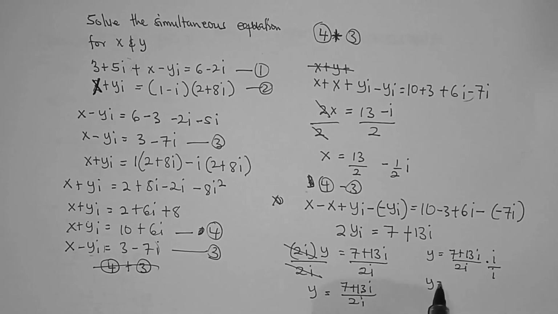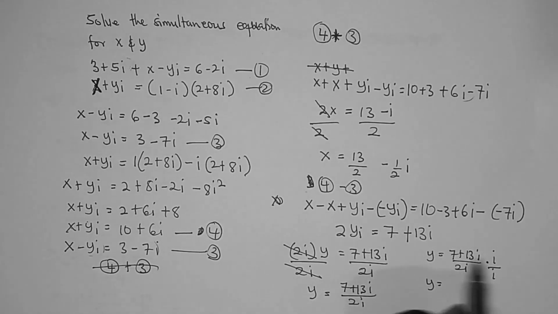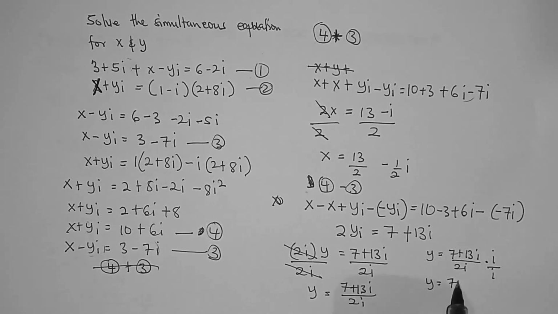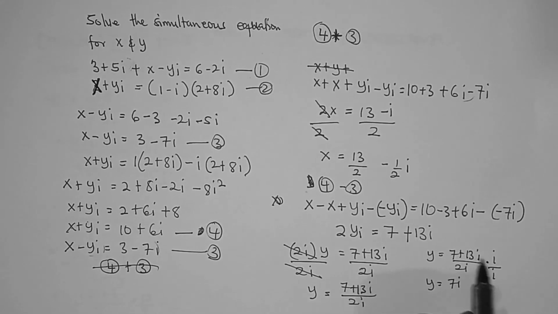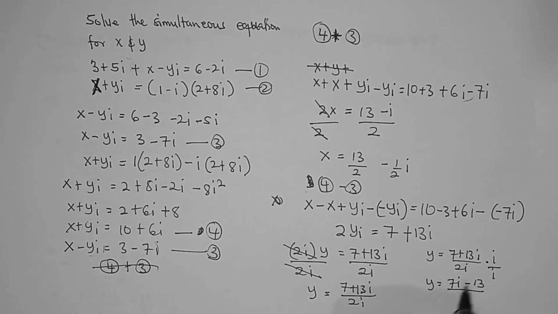So y is equal to 7 times i is 7i. Then 13i times i becomes 13i squared, which becomes minus 13, divided by 2i times i becomes 2i squared, which becomes divided by minus 2.